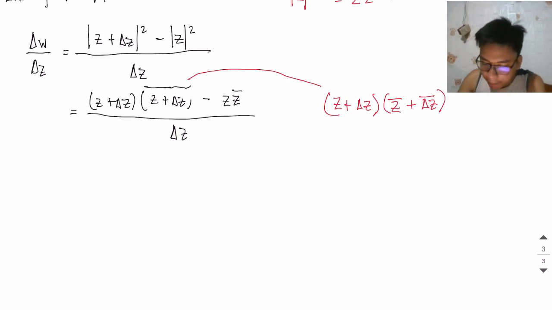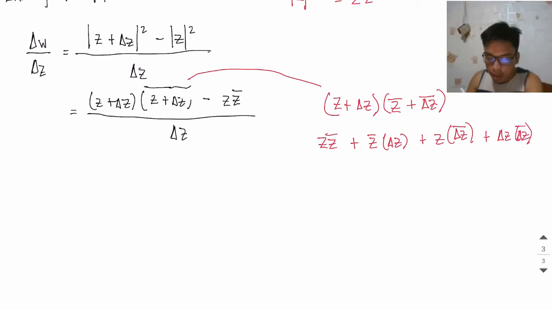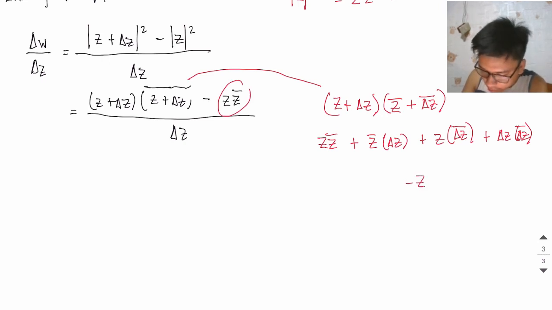Expanding, I would get z z bar, plus z bar times delta z, plus z times delta z bar, plus delta z times delta z bar. And if I include the minus z z bar here, this will be cancelled.